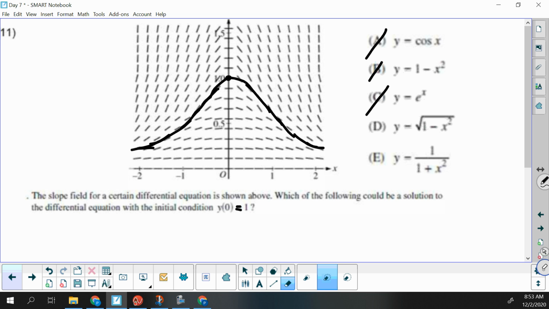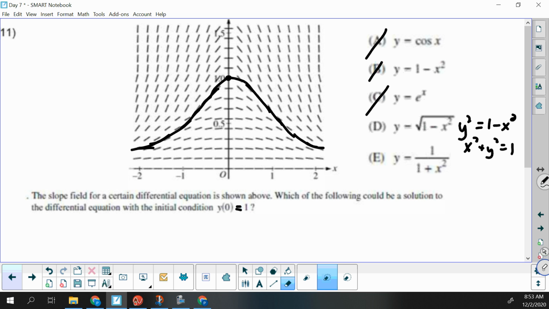And it might be easier to recognize what that is if we squared both sides. That'd be y squared equals 1 minus x squared. Add the x squared over, that's x squared plus y squared equals 1. Well, hopefully you can recognize that's a circle centered at the origin with a radius of 1. And the square root is a positive square root, so it'd be the top half of a circle. This is not the top half of a circle.